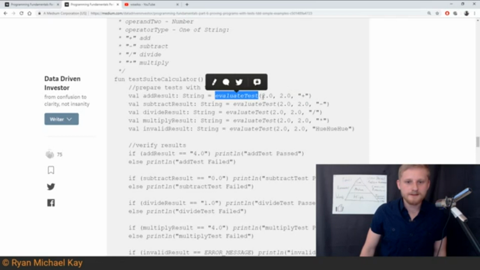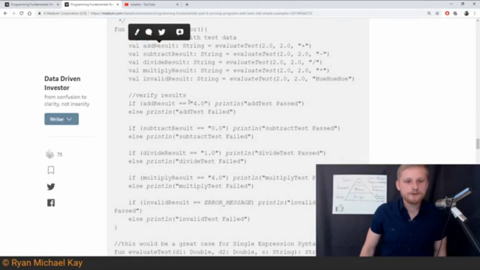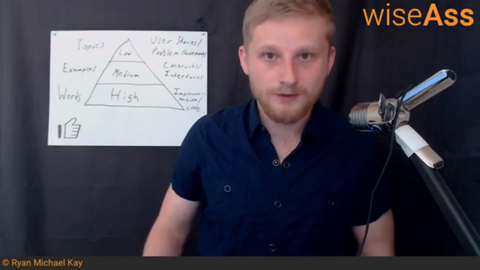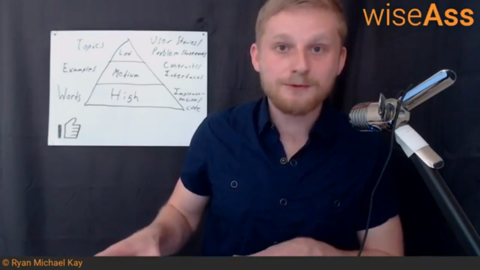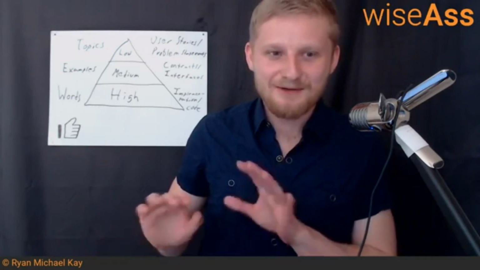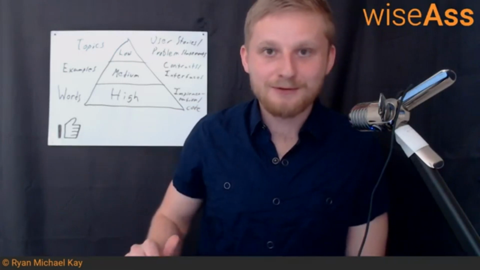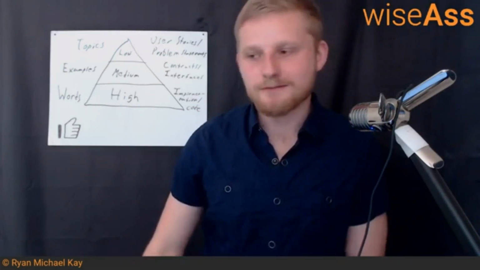By calling evaluate test, give it the data we want, and then what we do is we figure out if the result equals some expected value. So what we're doing here is we're test firing the rocket, and if it doesn't explode, then we've figured out that our rocket behaves well in a given scenario. If it does explode, we've figured out, okay, this thing is not really designed and working 100% properly.